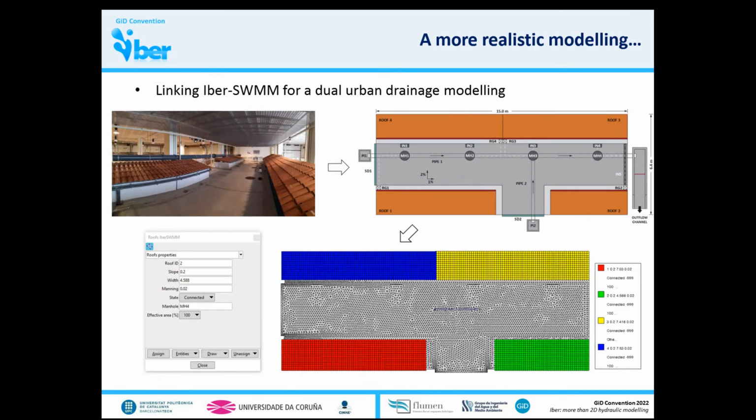We are currently working on linking Iber with SWMM, a stormwater management tool for urban areas. Iber solves the rainfall-runoff processes on the surface, while SWMM solves the flow in the drainage network. Exchanges are synchronized between the two-dimensional domain, calculated in Iber, and the one-dimensional domain, calculated in SWMM.